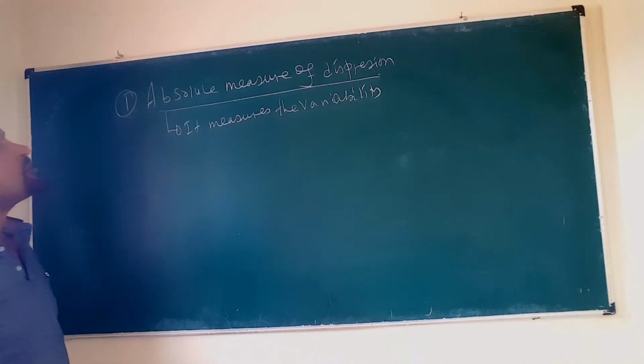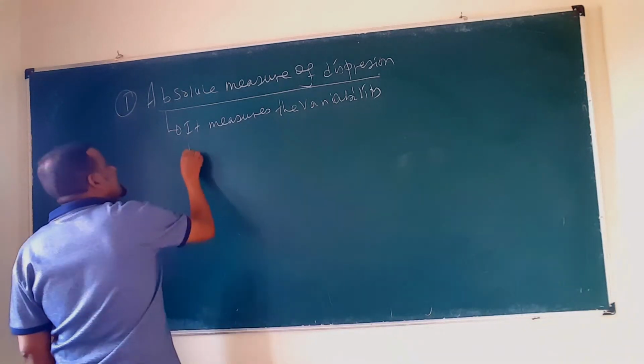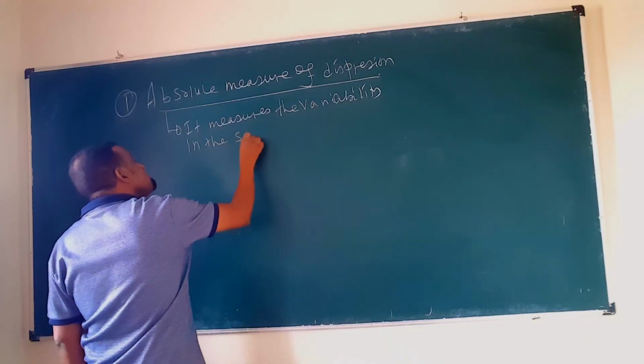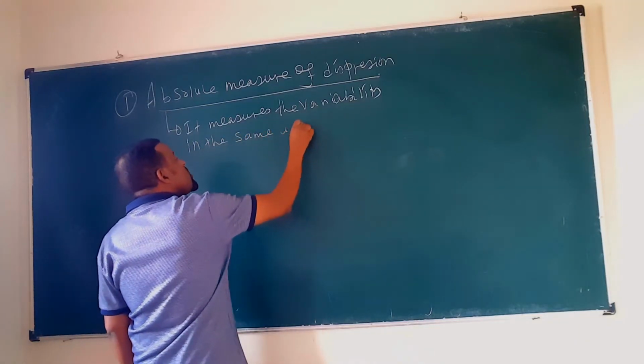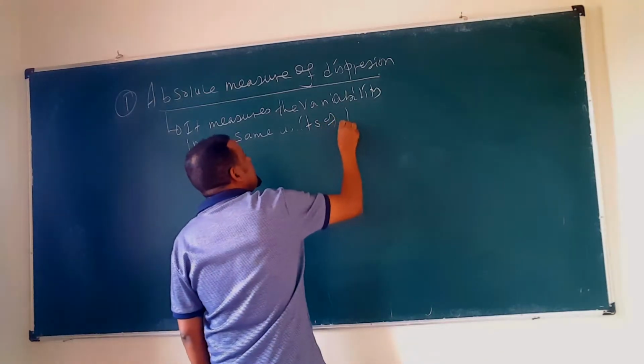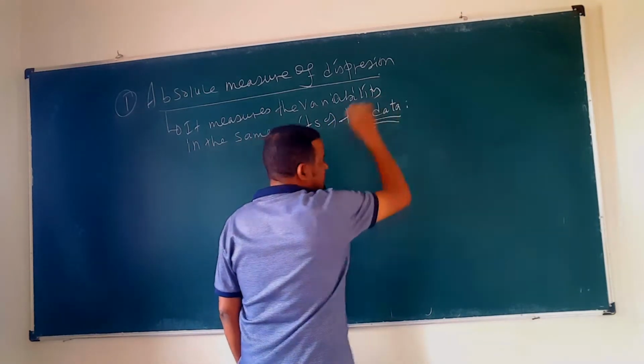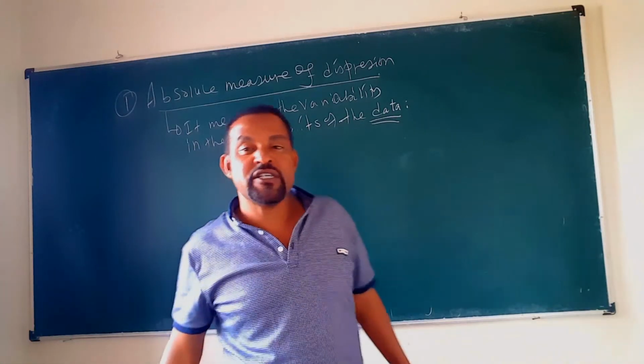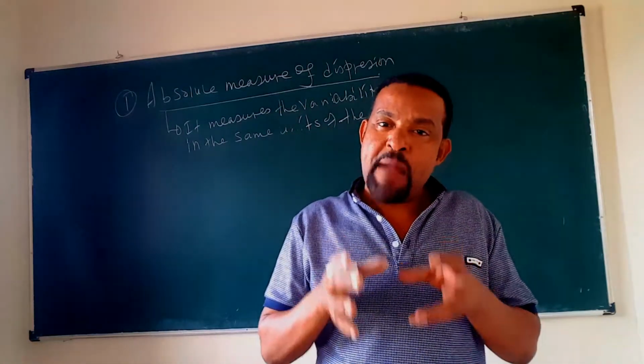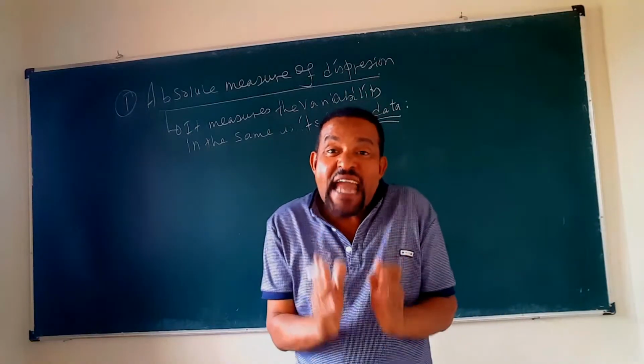The absolute measure of dispersion measures the variability in the same units of the data. So this absolute measure of dispersion measures the variability in the same unit of what?